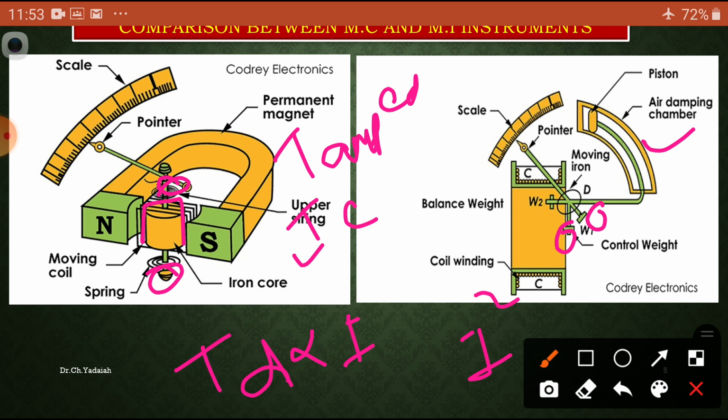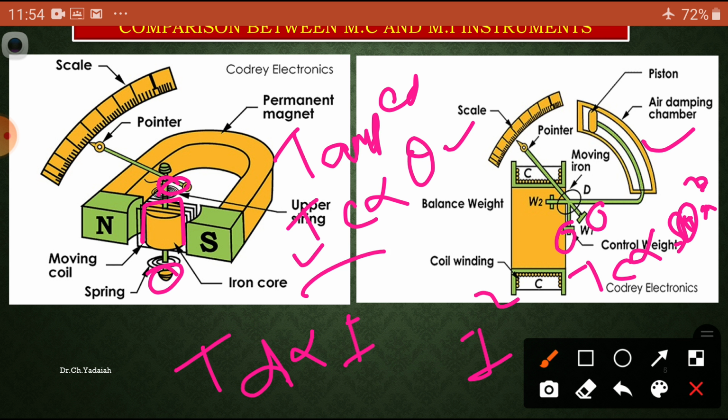Now the relation between controlling torque and deflection. In the moving coil instrument the controlling torque is directly proportional to theta, whereas in the other it is directly proportional to the square of theta, or we can say to sine theta. That is why the scale is uniform here, while here the scale is not uniform, cramped at the start and end.